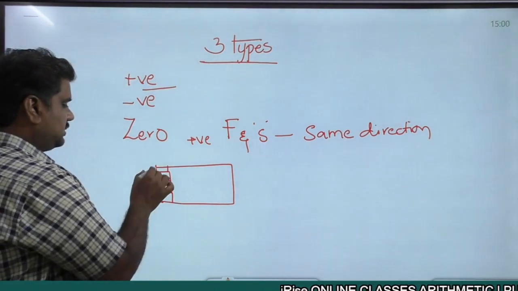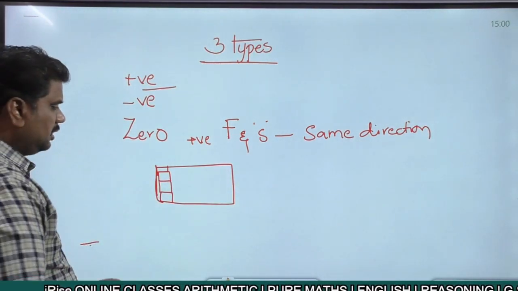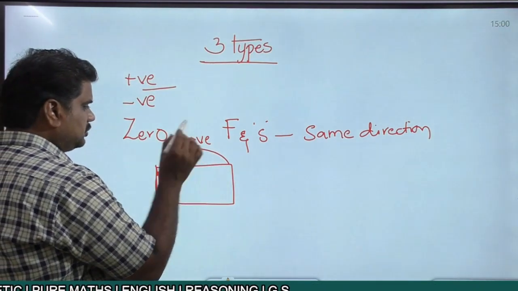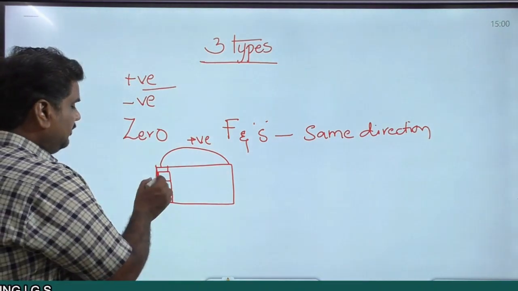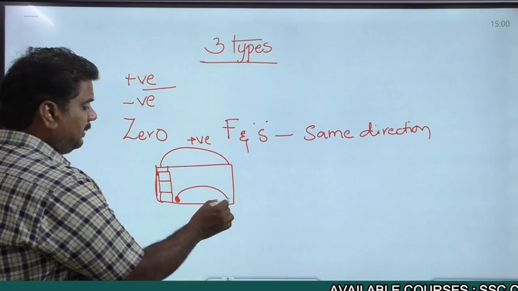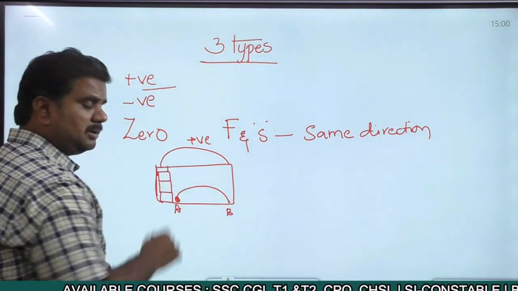Each bag weighing something around 25 or 30 kgs. I want to change the position of these bags from one corner to other corner, right? Now when you are lifting each and every bag, you are lifting the bag from this particular point and placing it here, from point A to point B.